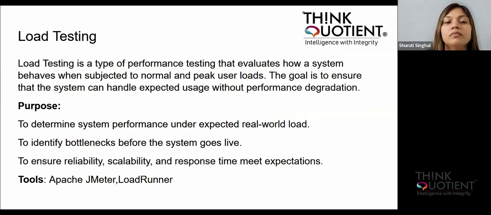Load testing, guys, is a type of performance testing where we are evaluating how my system is going to behave during a normal load and during a peak user load. We are ensuring that my system can handle the expected usage without any kind of degradation.